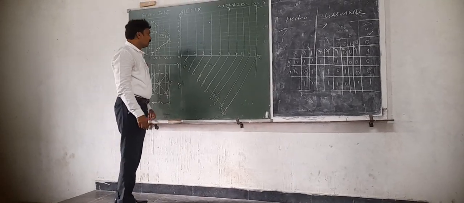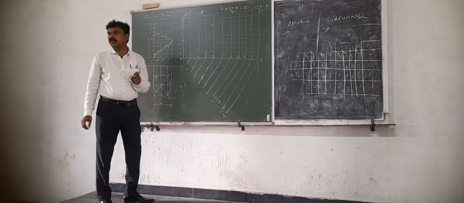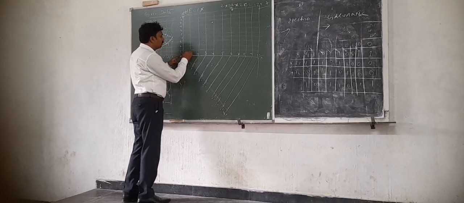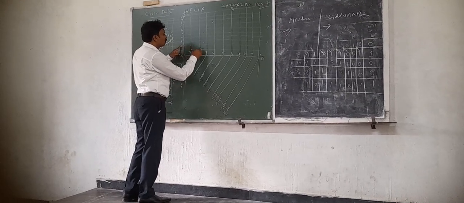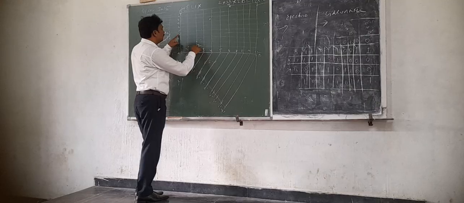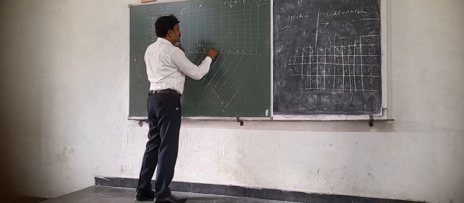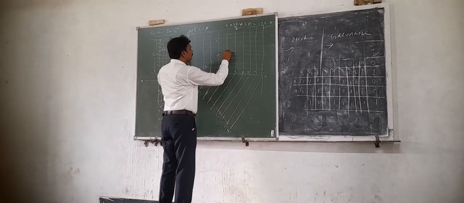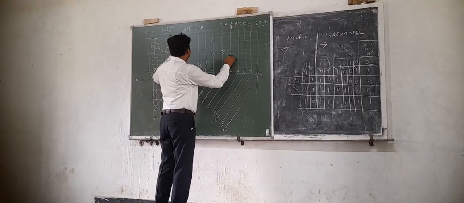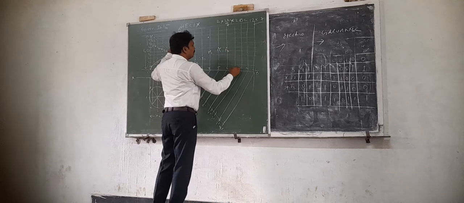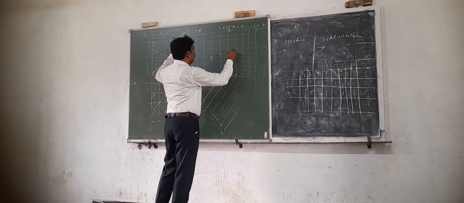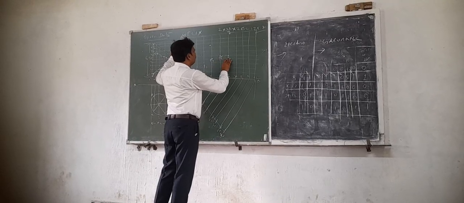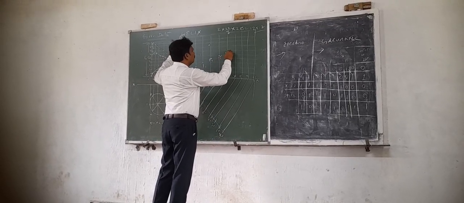Okay. Now see, you have to locate the intersecting points. 1 to 1 and 1 dash to 1, point P1. 2 to 2, point P2. 3 to 3, point P3. 4 to 4, point P4. 5 to 5, point P5. 6 to 6, point P6. 7 to 7, P7.